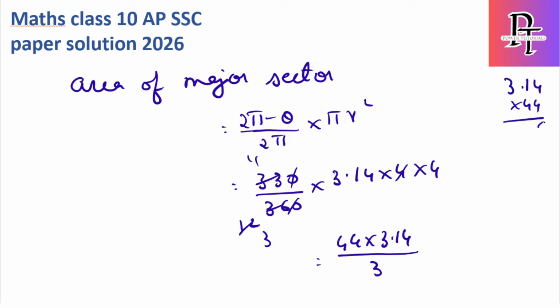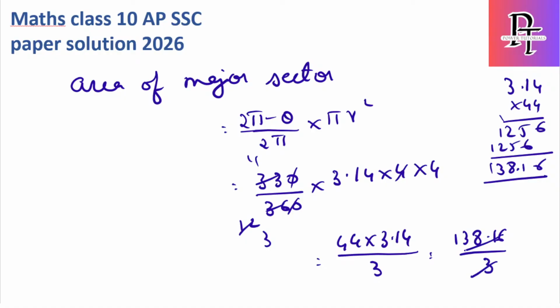You get 4 4s are 16, and so on, which gives 138.16. So it is 138.16 by 3. If you divide by 3, you will get the area of major sector value as 46.05 centimeter square.